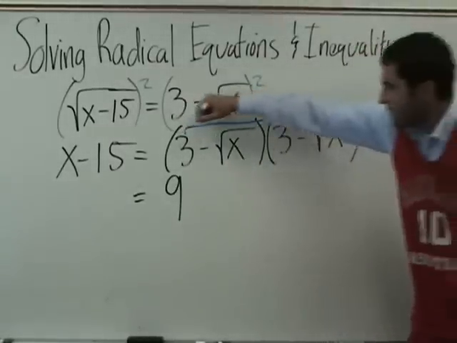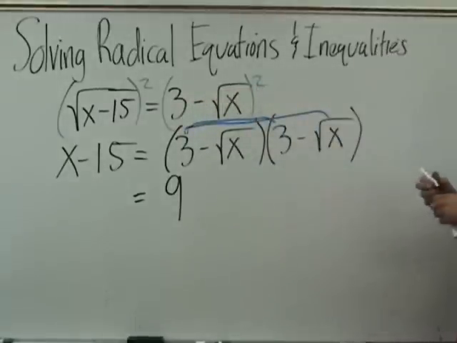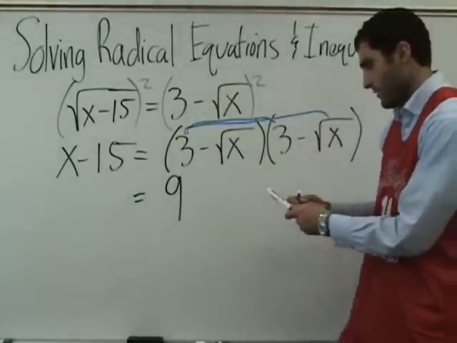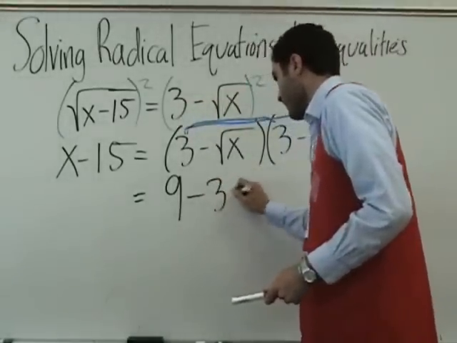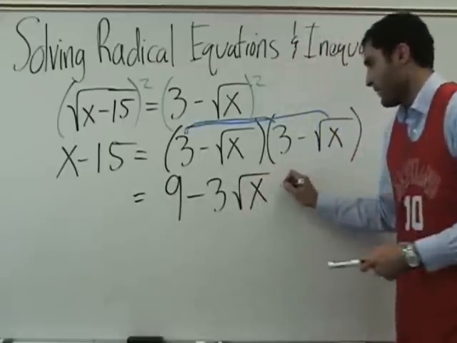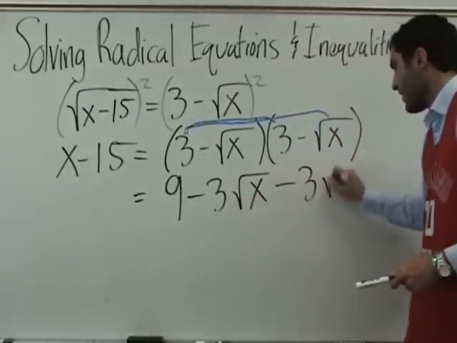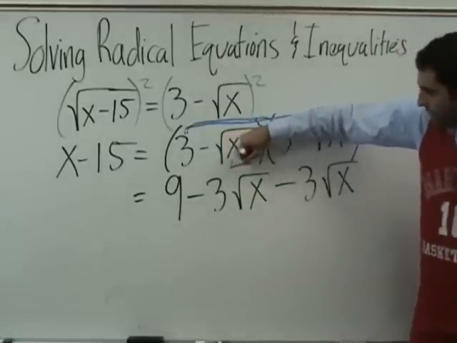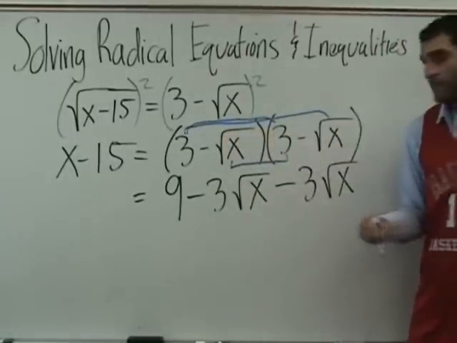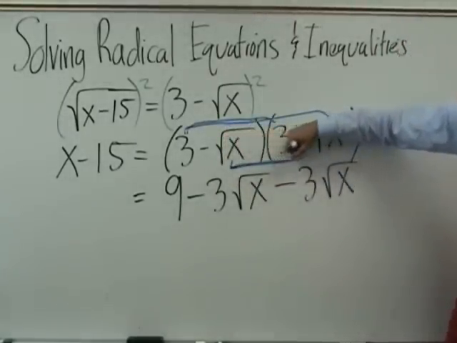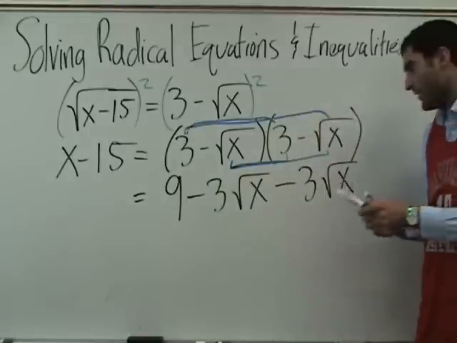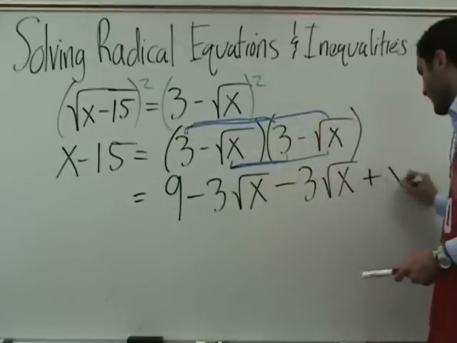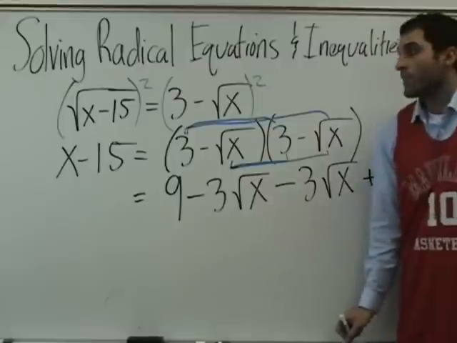Then you have negative 3 radical x. Then another negative 3 radical x, and then another negative 3 radical x. Minus 6 radical x, and then plus x. Very good.